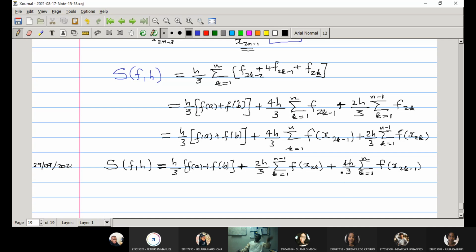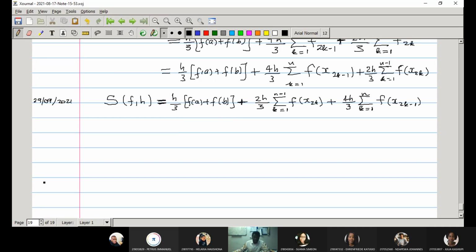Another way to make this simple, you can rewrite this by saying that this is equal to, this one there's no problem, group the first and the last term, plus 2h by 3 times the summation over even.